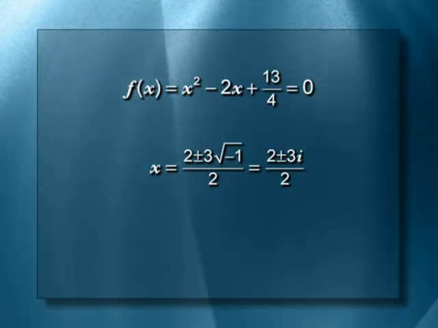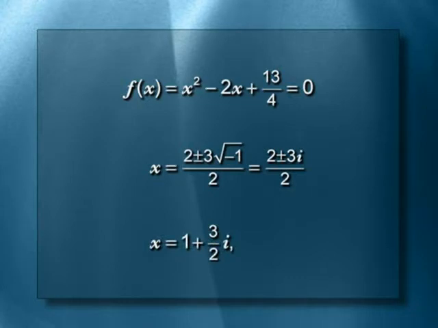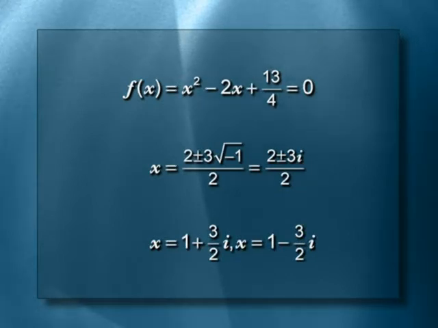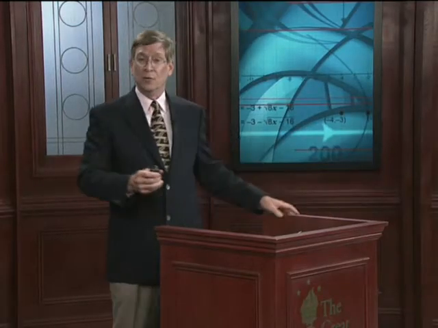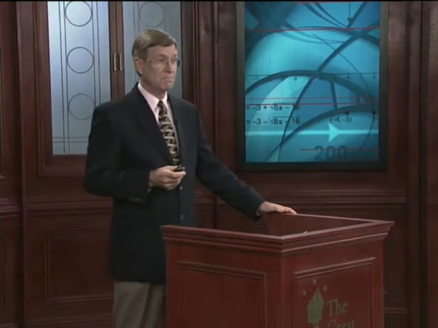And now, using that plus minus, you get two answers. You get two zeros. The first one is 2 over 2 plus 3 halves i, and the second one is 2 over 2 minus 3 halves i. Those are the two zeros of that quadratic polynomial, and notice they are complex conjugates of each other. That's always true if the polynomial has real coefficients.